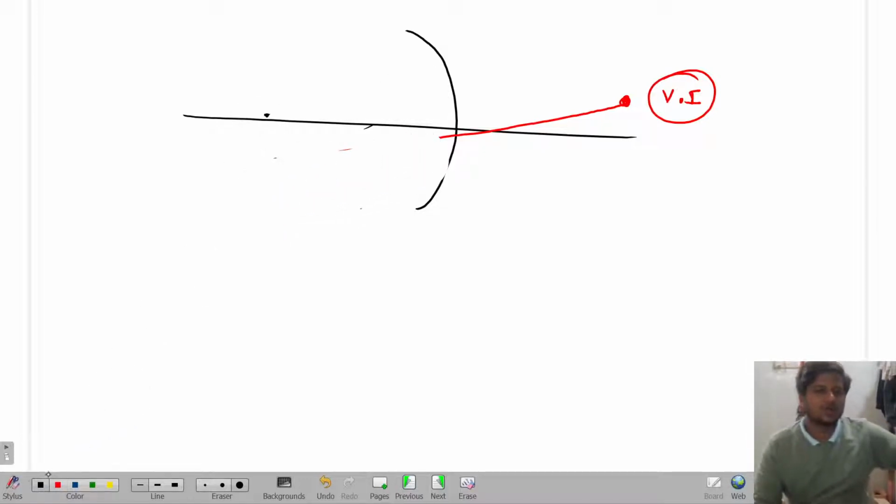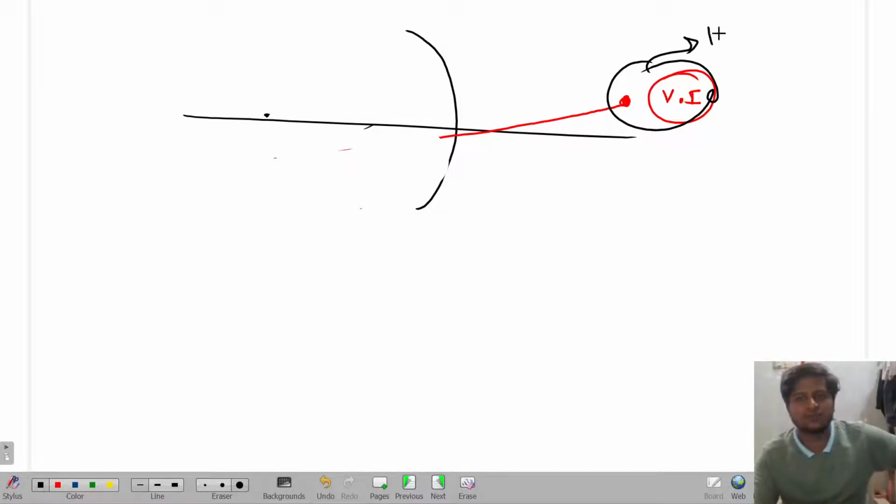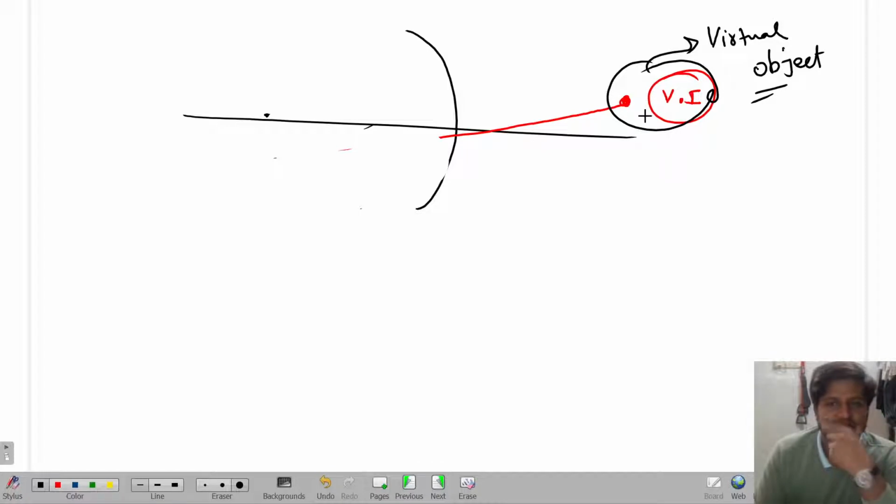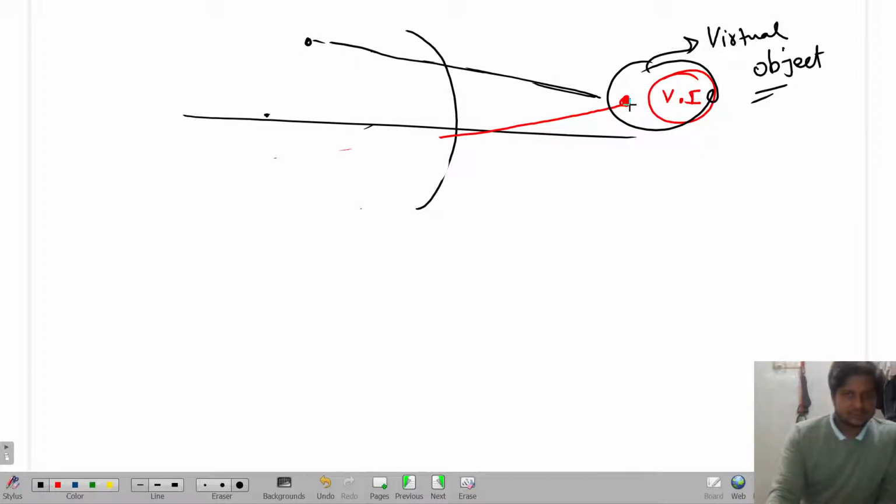Since the mirror is a non-physical quantity, it will erase the properties of this object and the real image over there. It is going to take this virtual image as some kind of virtual object and treat it as an object.